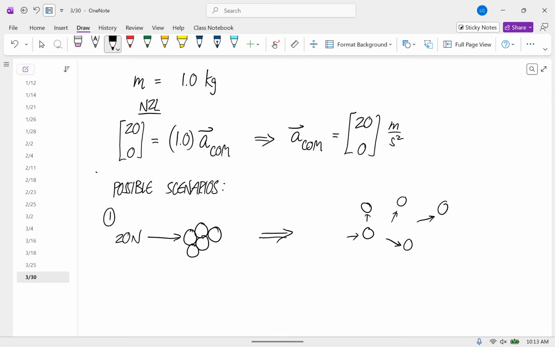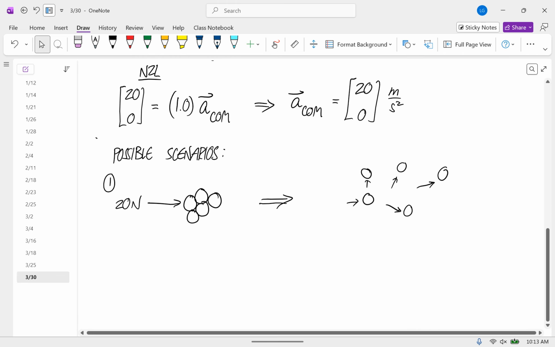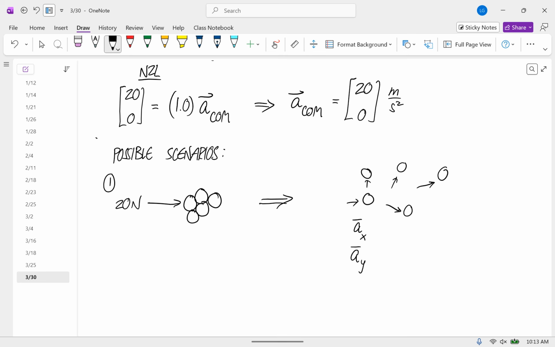If you calculate the center of mass, you'd have to use the sum formula that says the acceleration of the center of mass is equal to 1 over the total mass times the sum of the individual mass times the acceleration of each one. So you'd have to use something like that to calculate it.